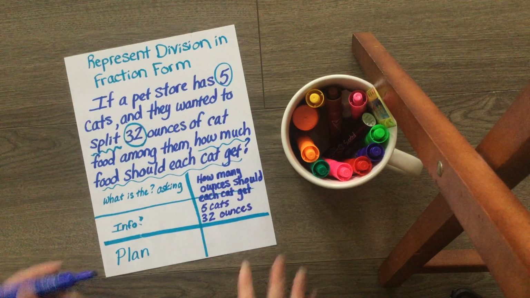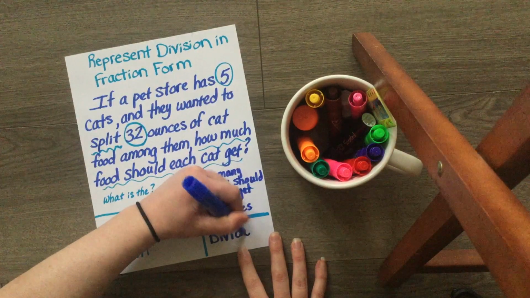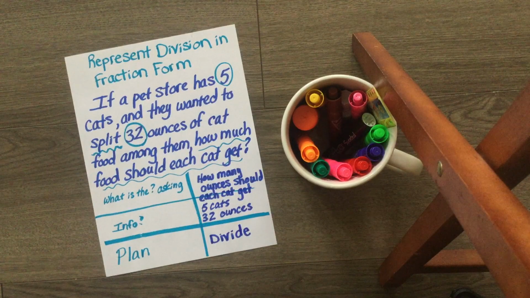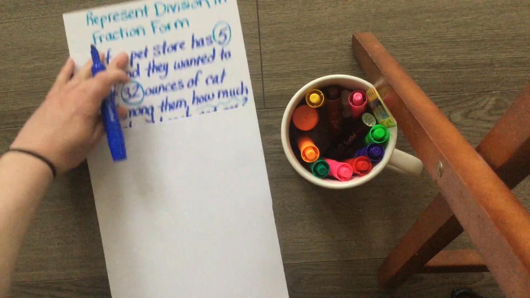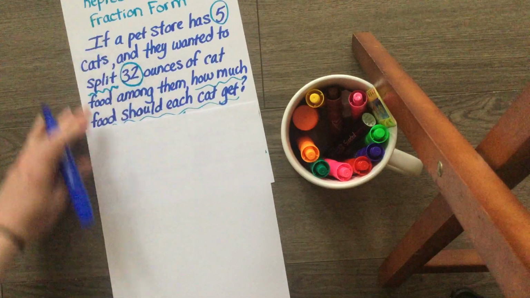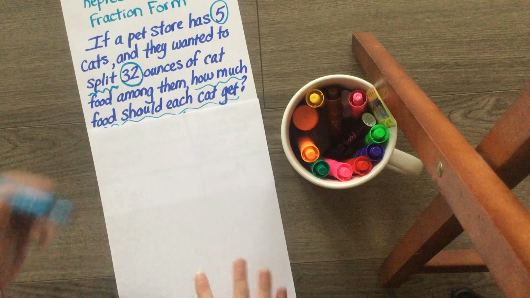So my plan is that I'm going to divide. Now, I seem to have run out of room, so I'm going to go over here to a new piece of paper, and this is where I'm going to do my fourth step, which is solve.